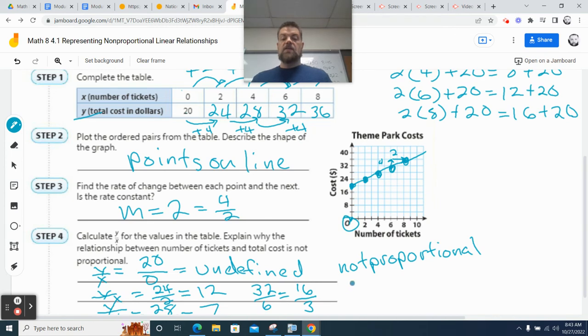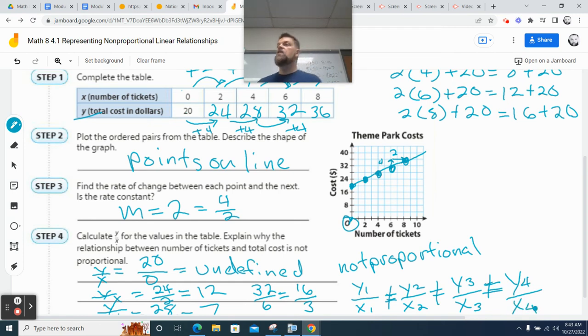Say y sub 1 over x sub 1, and then put an equal sign with a slash through it, which means not equal to y sub 2 over x sub 2, not equal to y sub 3 over x sub 3, and then y sub 4 over x sub 4.